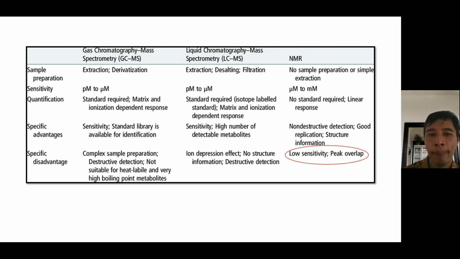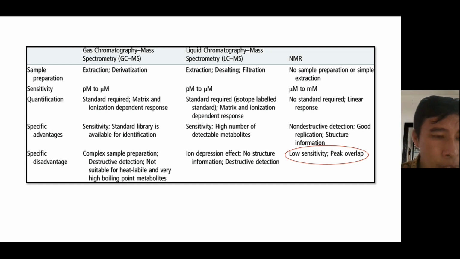But when you deploy the nuclear magnetic resonance technique, you can only analyze your samples at higher concentration, from micromole to millimole. So when the concentration of a certain metabolite in your samples is very low, like in picomole or nanomole, for example, you can't analyze it using nuclear magnetic resonance. So you need to analyze it using the more sensitive techniques, including LCMS and GCMS.